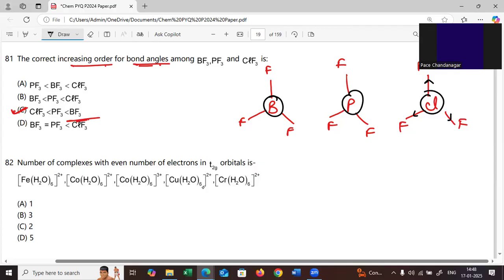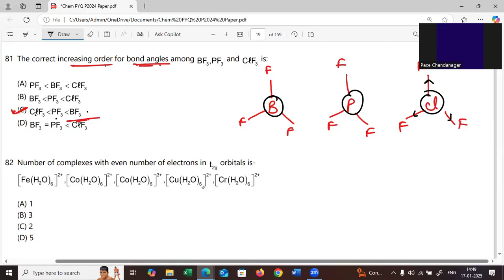Here the electrons are not coming close, they are all going backwards, so the one that goes back less will have a better angle. That is your boron part. So BF3 will have the greatest angle, then PF3, and then ClF3. Option C is the correct one.